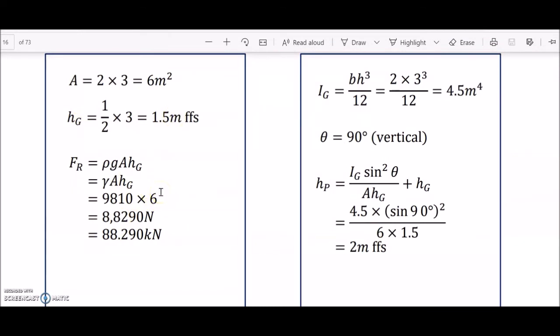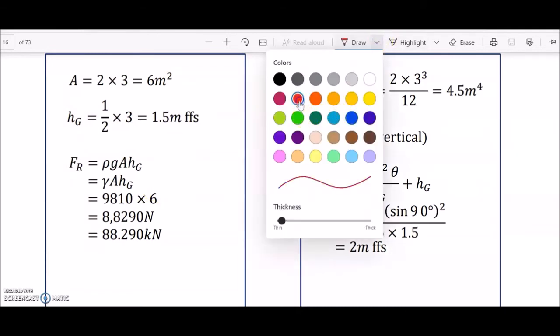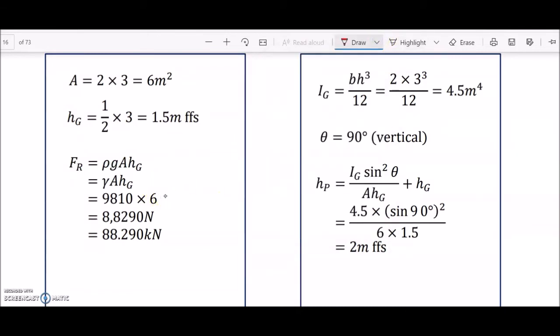Correction over here: so here is times 1.5, so you get 88290 Newton. Converting to kilonewton by dividing by 1000, it gives 88.29 kilonewton.